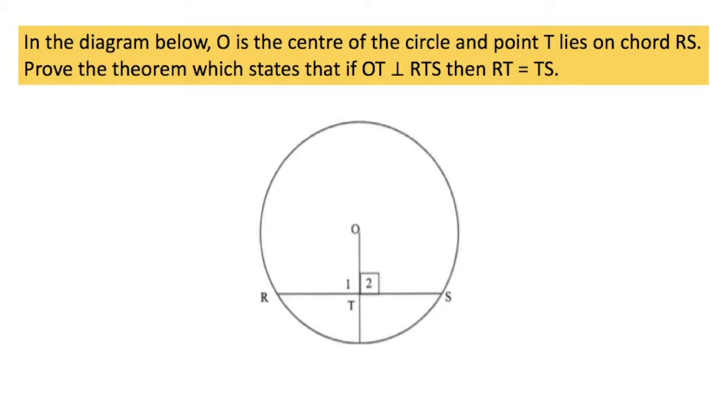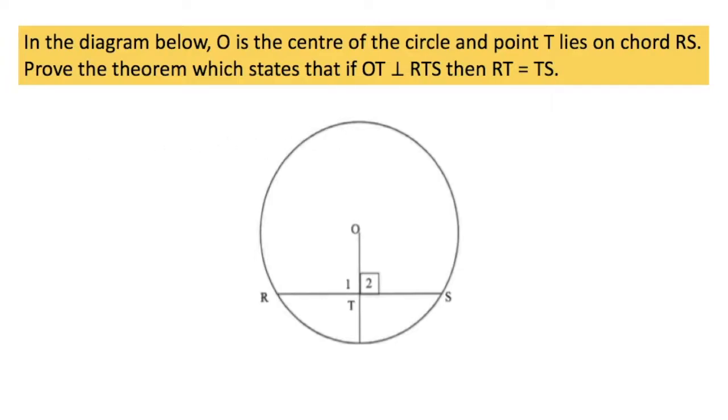In your exam, you're probably going to get a question like this. The question will state that in the diagram below, O is the center of the circle and point T lies on the chord RS. Prove the theorem that states that if OT is perpendicular to RS, then RT is equal to TS.